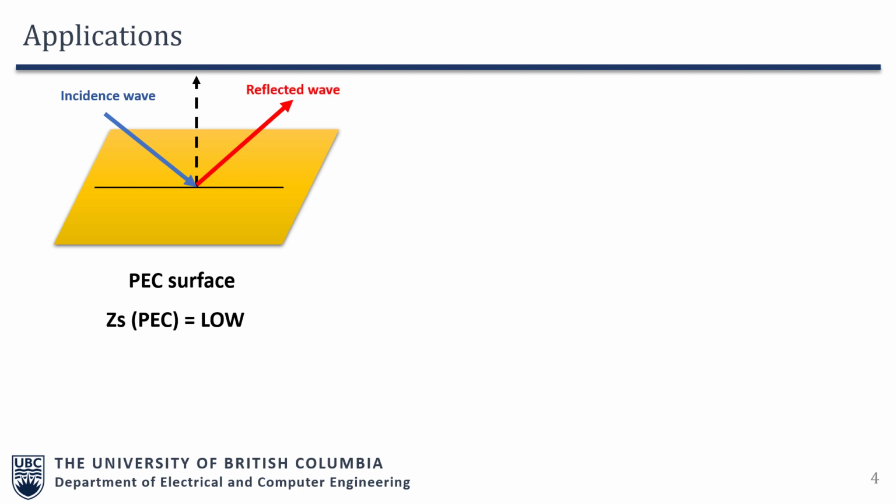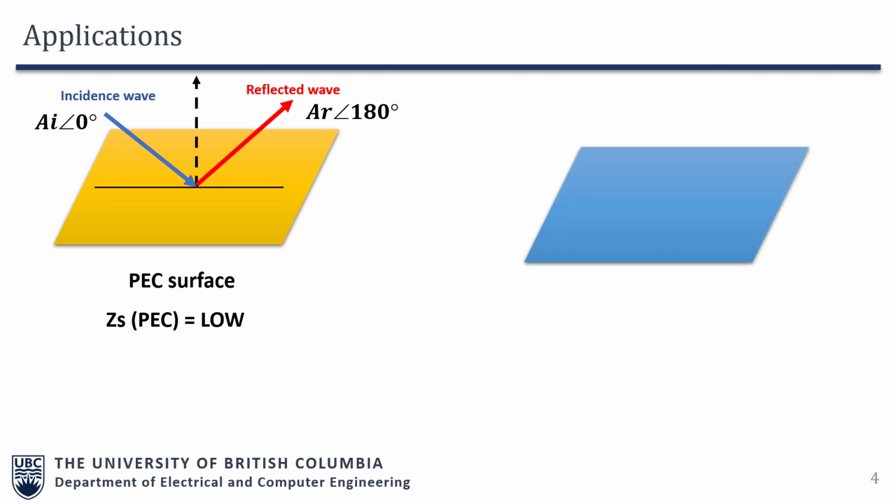Now, by nature, this PEC surface will create a 180-degree reflection phase, or the reflected wave will be inverted 180 degrees compared to the incident wave. So this is the property of a PEC surface.